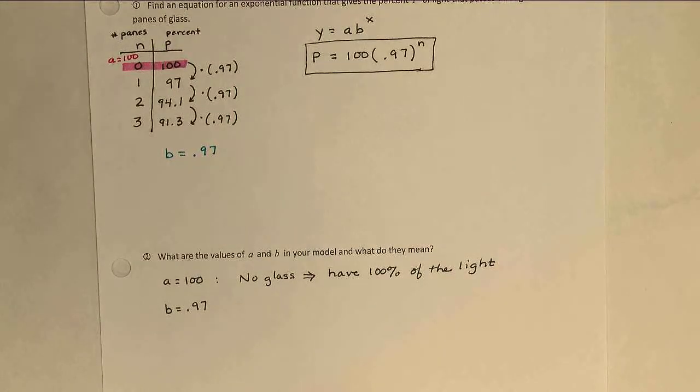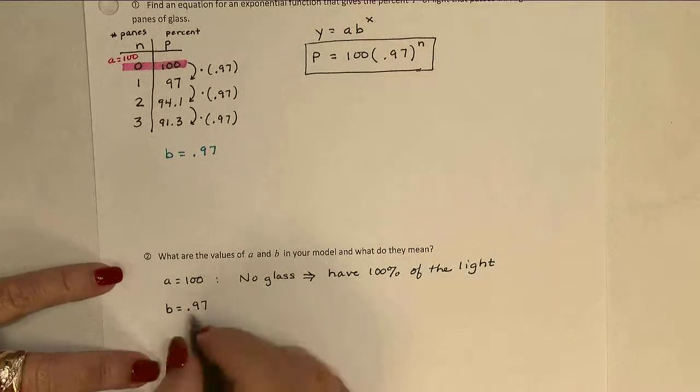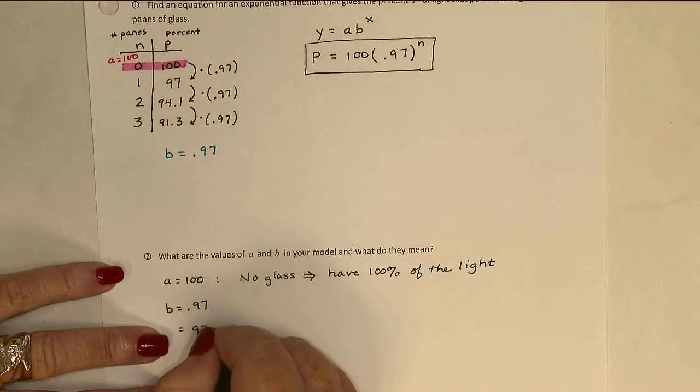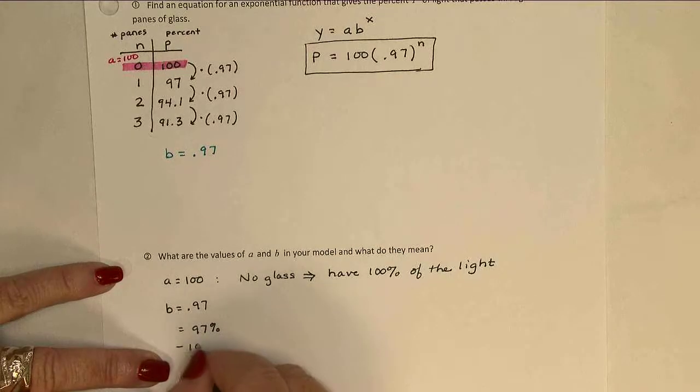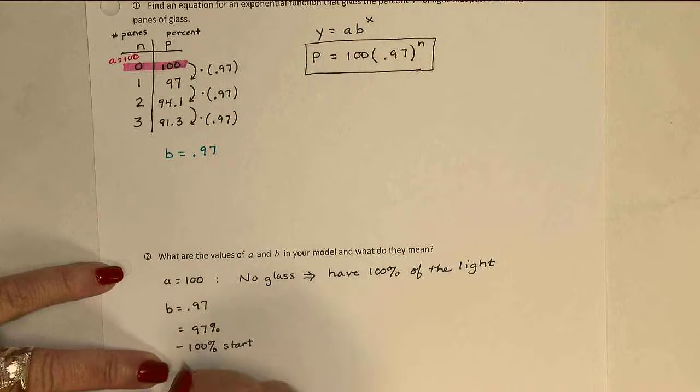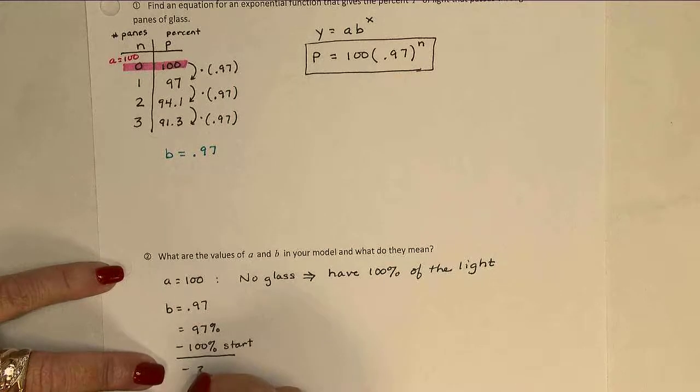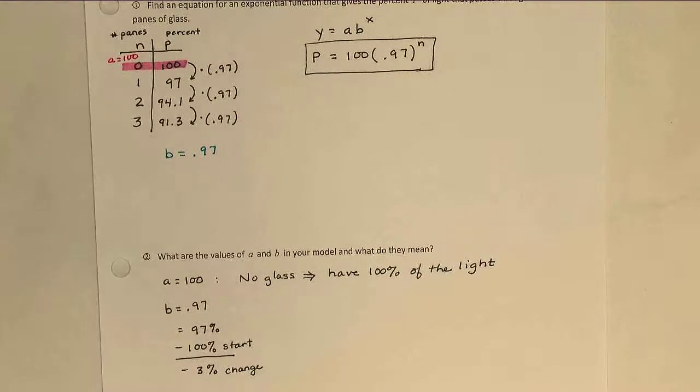And if we think about this very much like we were thinking about it in the last couple of examples, I'm going to say that's the same as 97%. Subtract the 100% that we would have started with, and we get negative 3% is our change.